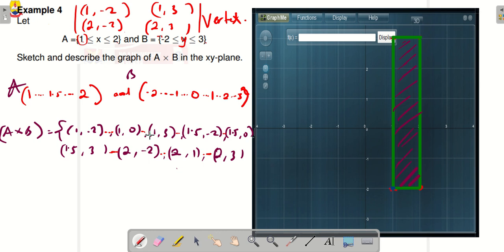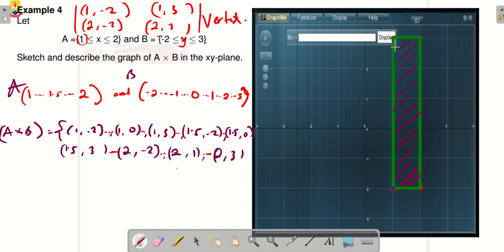We can have even 1.5. We will have 1.5 here, 1.51, 1.52. We can even have 1.6 something. We can have 1.7 something. So we can have a lot of points just within this rectangle and on the rectangle.